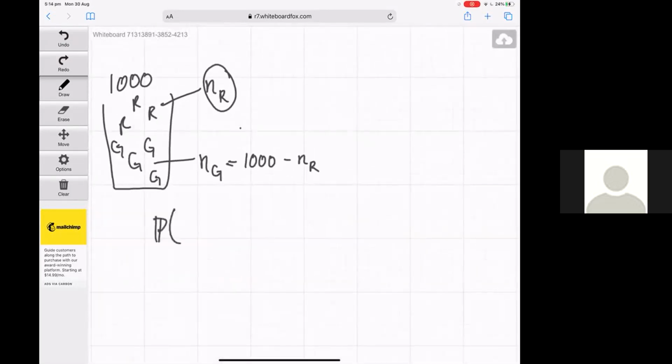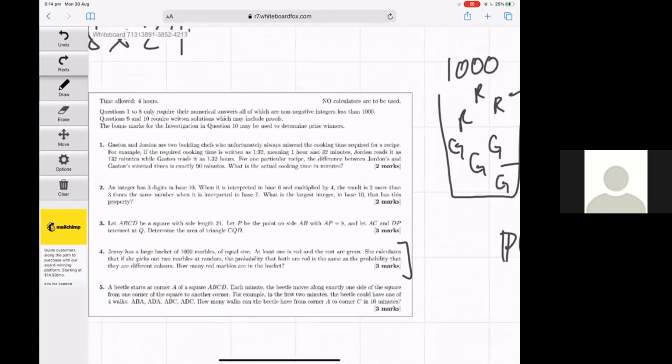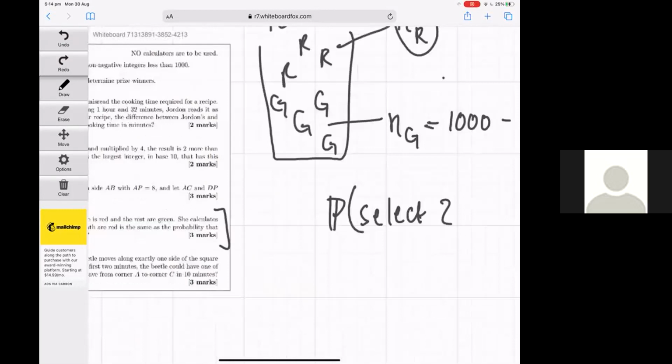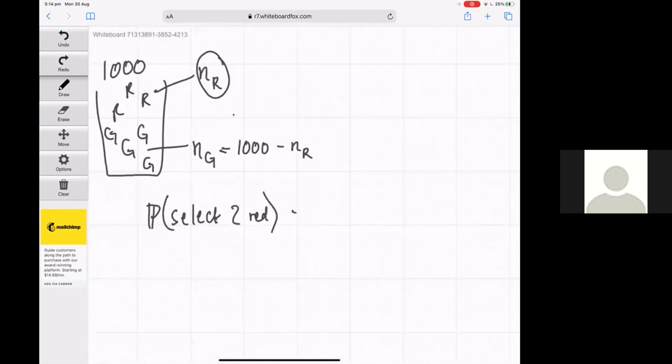So we have that the probability of selecting 2 red is the same as the probability of selecting 1 red and 1 green.